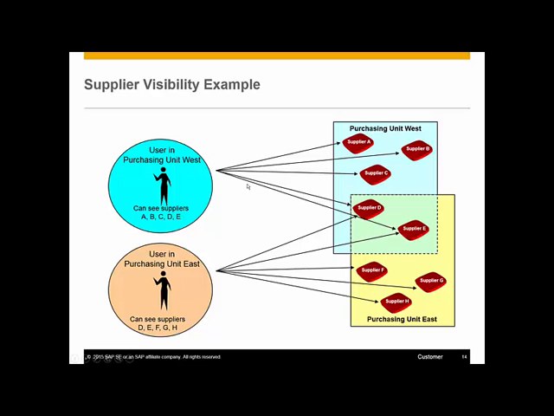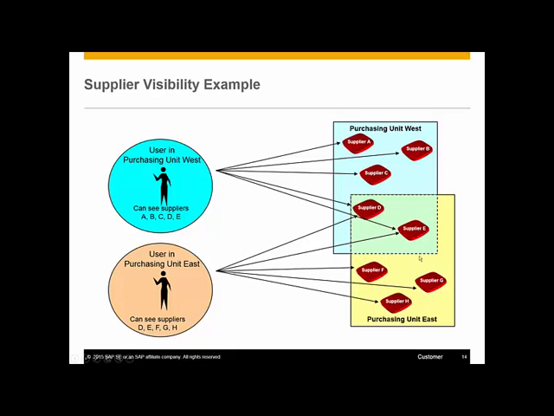So if you look at this graphically, all the suppliers that the West person has access to are in this blue box. Again, suppliers A, B, C, D, and E are all within the blue box. The user in the East purchasing unit has access also to supplier D and E, as well as suppliers F, G, and H in the yellow box.